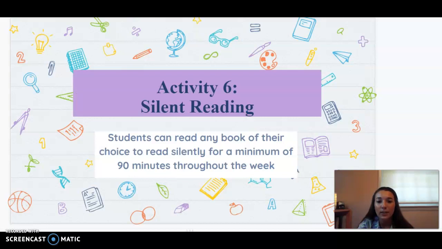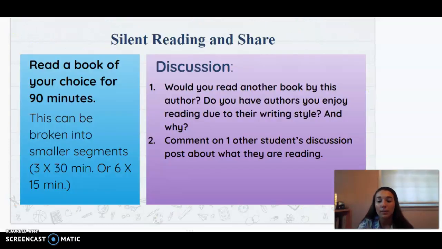For Activity 6, it is silent reading as it is every week. We read for 90 minutes every week. You can split that up among different days for different periods of time. You can read out loud to yourself or silently, but you must read for 90 minutes and then complete the discussion post. Once you have completed your 90 minutes, the discussion post would be, would you read another book by this author?